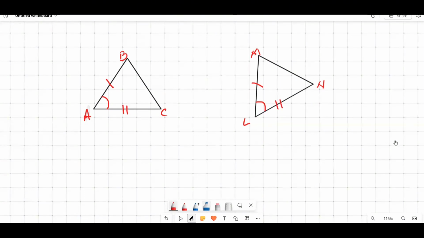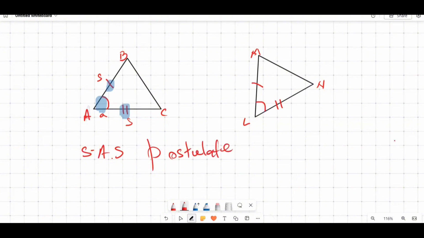When you take a look at this, we're looking at a side, angle, side. So we're seeing a side and an angle and a side. This postulate is called the SAS postulate, one in which we were able to relate two triangles that have a side, an angle, and a side in that same order that are actually congruent.